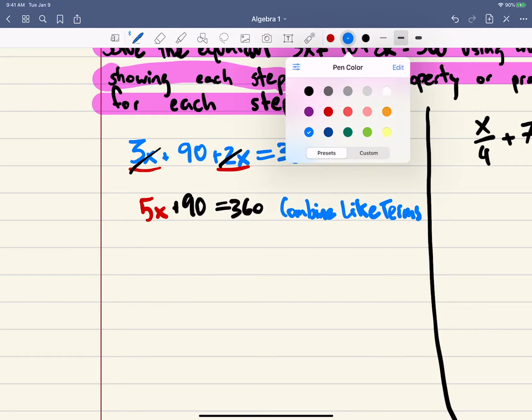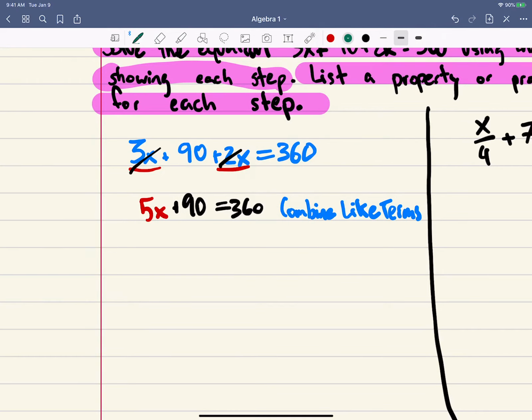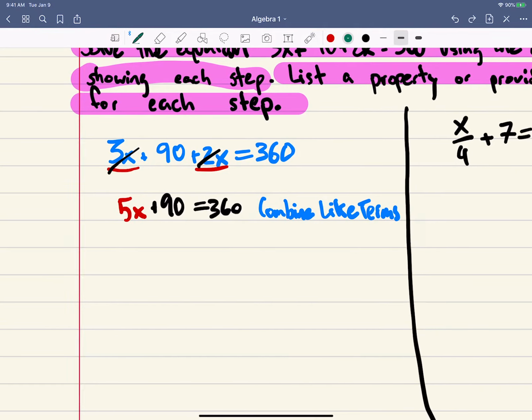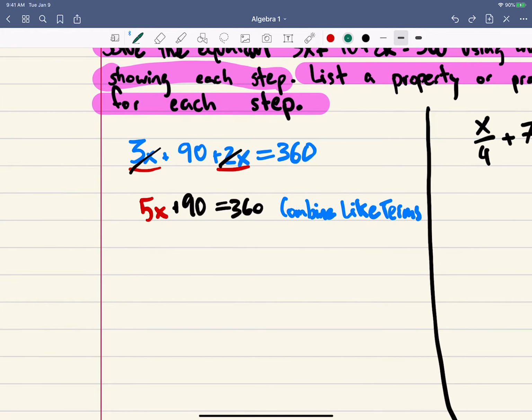Now, our next step: we want to get rid of this 90. To get rid of this plus 90, we do minus 90. Whatever we do to the left, we do to the right.